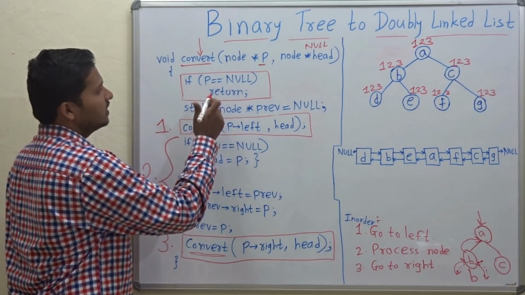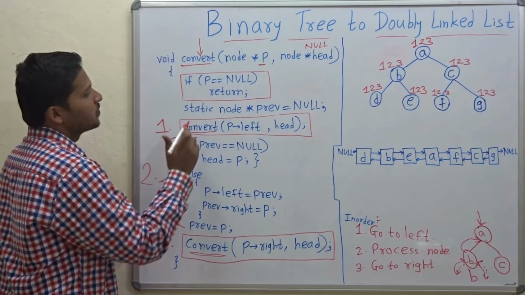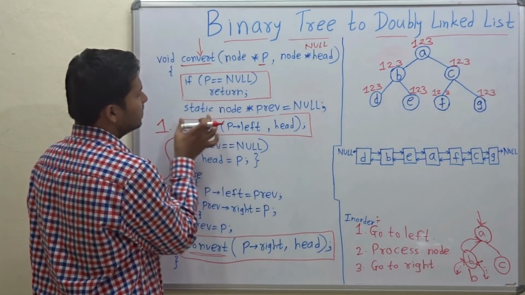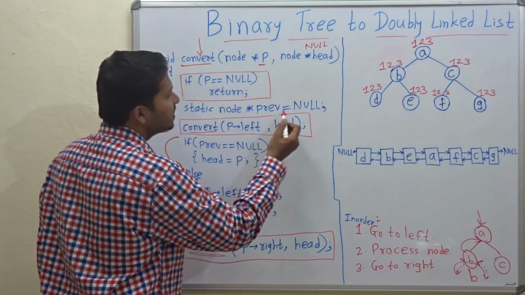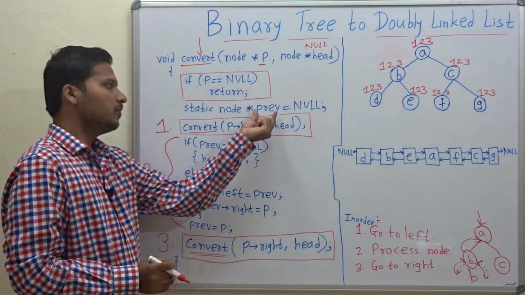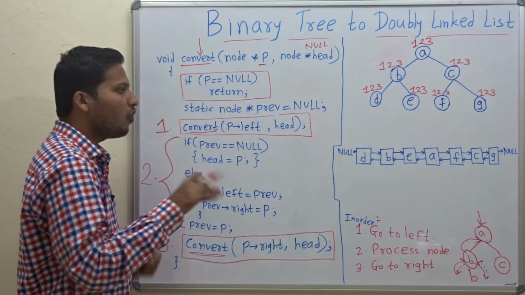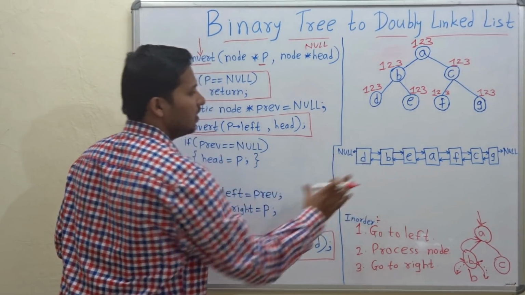So first part is we check whether the tree is present or not. Then the next line is static node star previous equal to null. This is a variable, previous, which is related to forming the doubly linked list.